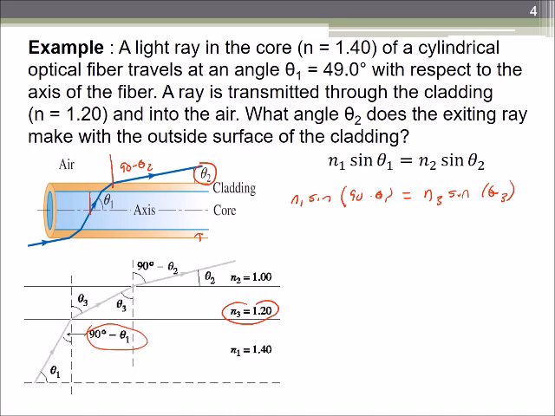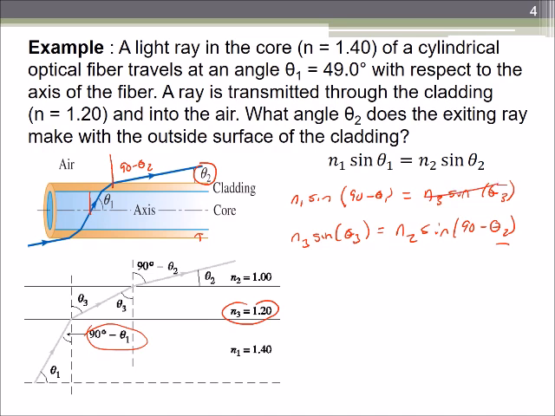And then for going into the third material, we have n3 sine of theta 3 is equal to n2 times the sine of 90 minus theta 2, again measuring from the normal. And we can set these two equations equal to each other because we want to solve for theta 2, and we know n1 and theta 1.